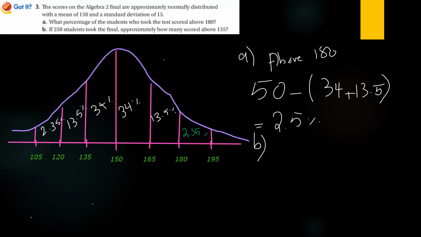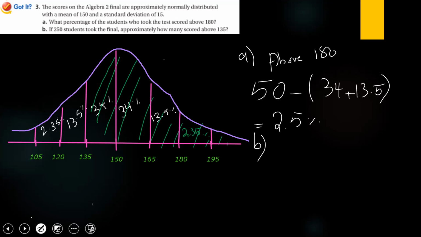B now. If 250 students took the final, approximately how many scored above 135? I want first to find the percentage of who gets greater than 135. What you have to do first? What is the percent?